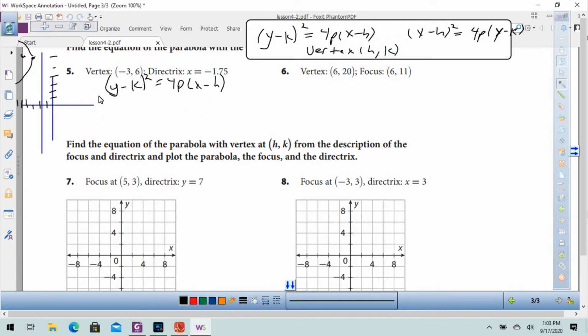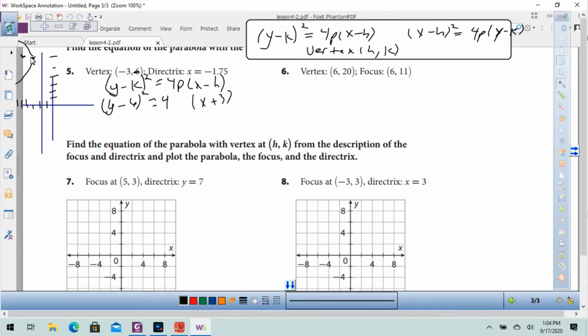So what can we fill out? We've got y minus 6 squared. I got that 6 right there. Equals 4, and then we got x minus negative 3, or x plus 3. We got to figure out p.